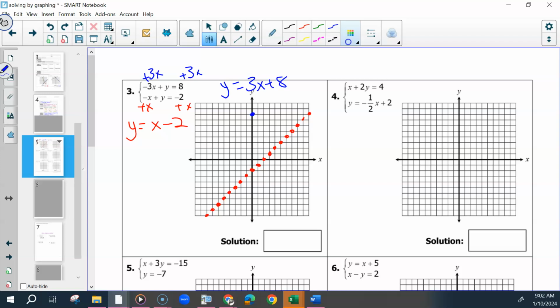For the 3x plus 8, you could go up 3, right 1. You don't need to, but you do need to go down 3, left 1 as many times as possible.